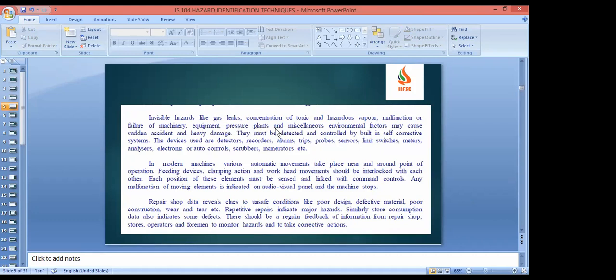Invisible hazards are like gas leaks, concentration of toxic and hazardous vapor, malfunction or failure of machinery, equipment, pressure plants, and miscellaneous environmental factors that may cause a sudden accident and also heavy damage. Because this is not visible, it is invisible, it will cause huge damage, and such hazards must be detected and controlled by built-in self-corrective systems.